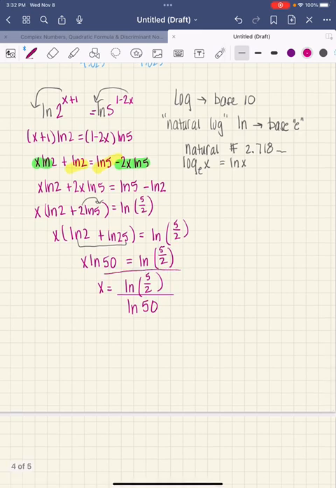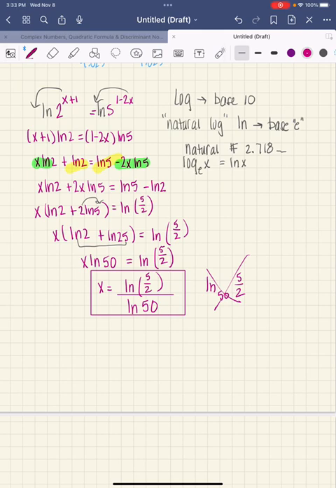That is your answer. No change of base with natural logs. You're not going to change this. This is not the natural log base 50 of 5 halves. No, because a natural log has base e automatically. That would be your answer.